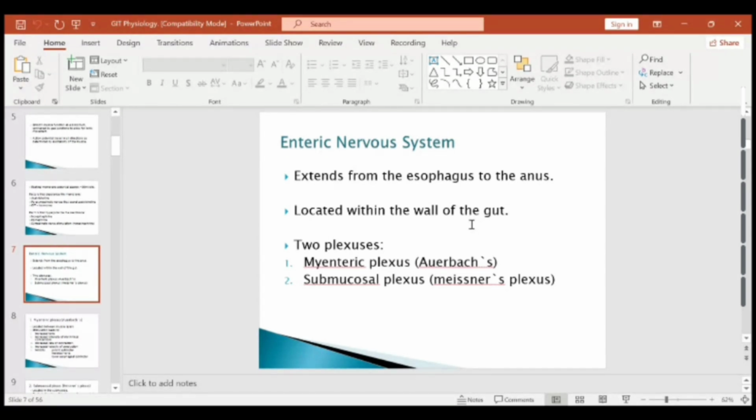We have a branch of it called the enteric nervous system, which is a branch of the autonomic nervous system that functions independently. It's made up of 2 plexuses: the myenteric and the submucosal. These 2 terms are simply used to describe their location.